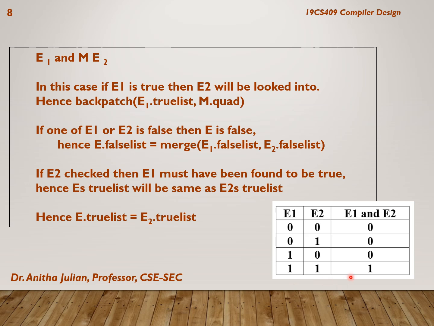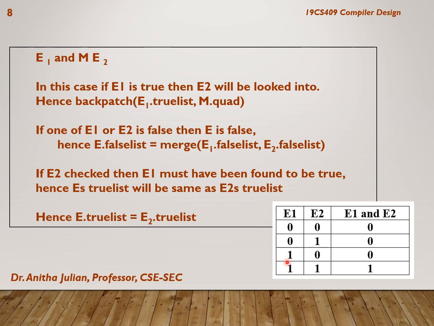If both are 0, the AND operation is 0. If one is 0, again 0. Only if both are 1, then it is 1. So only if both are true, the answer is true. All these four conditions we have to express in terms of statements for the compiler to understand. So it is a conversion of this truth table into proper statements.